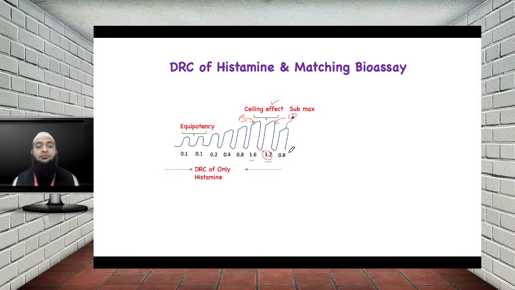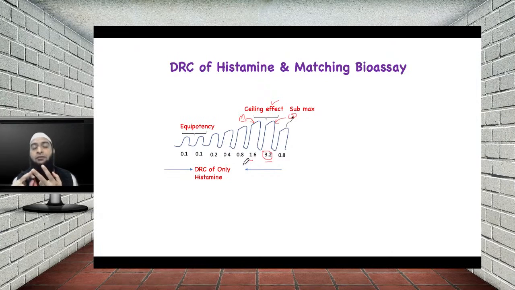Now we are done with the DRC of only histamine, and we are giving the next dose, that of the test. You remember that in the procedure, the first step is taking the DRC of the standard, which we have done. The second step is the selection of the test dose.